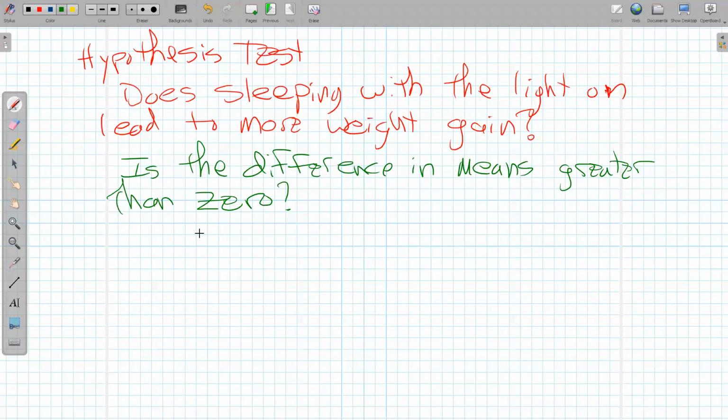So that question right there says, is the difference in means greater than 0? So should that be a null hypothesis or an alternative hypothesis? Any thoughts on that?